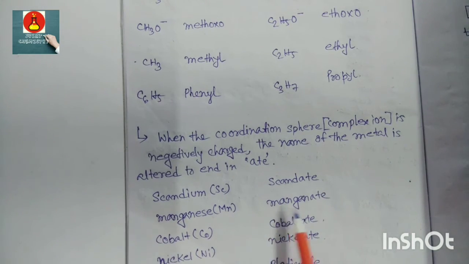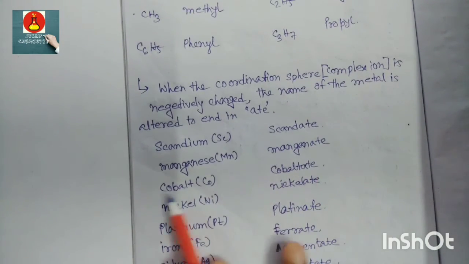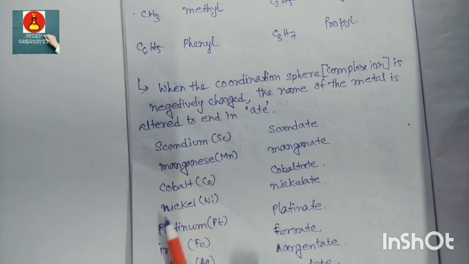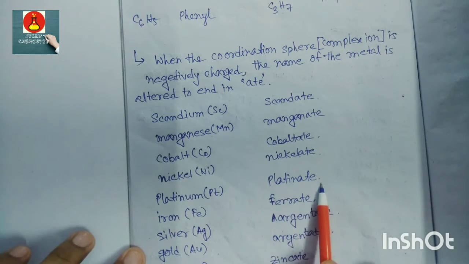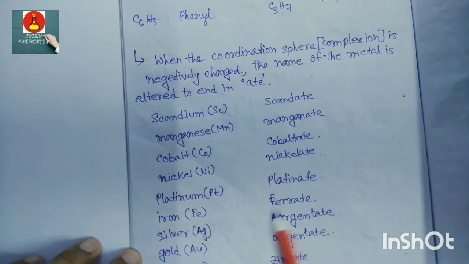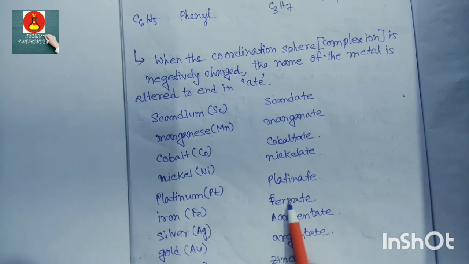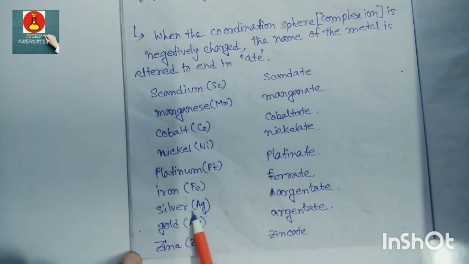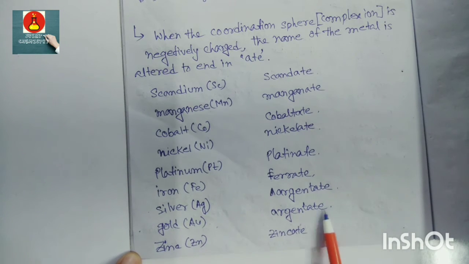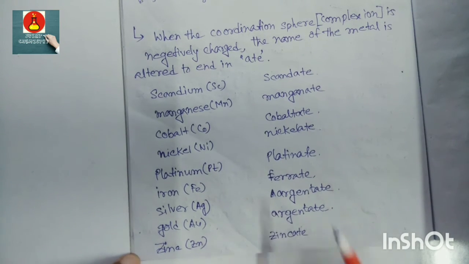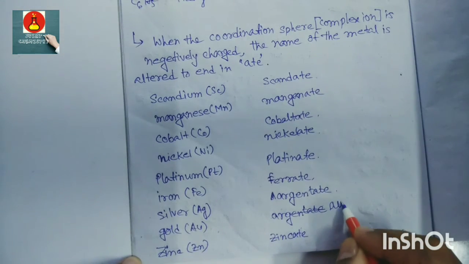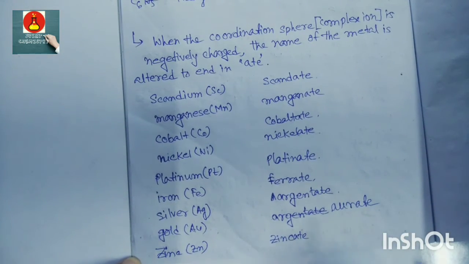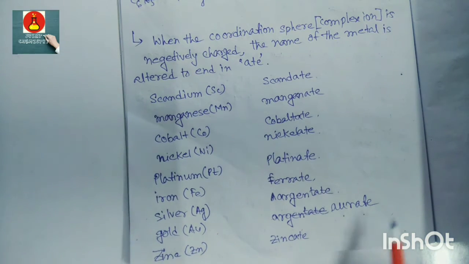For manganese, it is manganate. For cobalt, cobaltate. For nickel, nickelate. For platinum, platinate. For iron, it is ferrate. For silver, it is argentate. For gold, sorry, it is aurate.